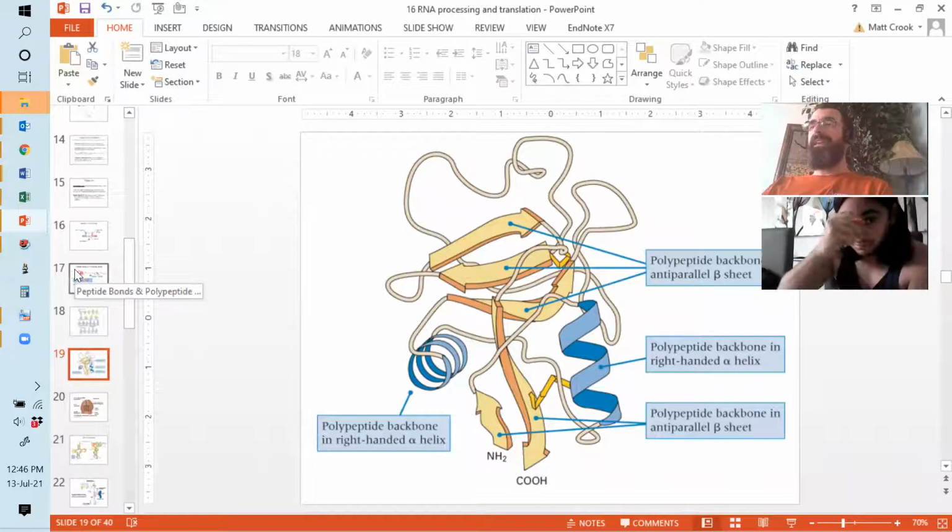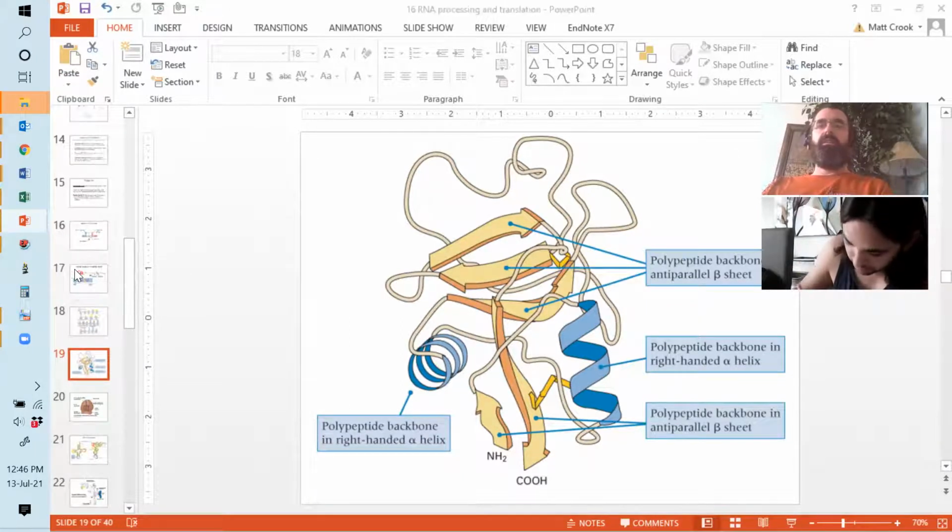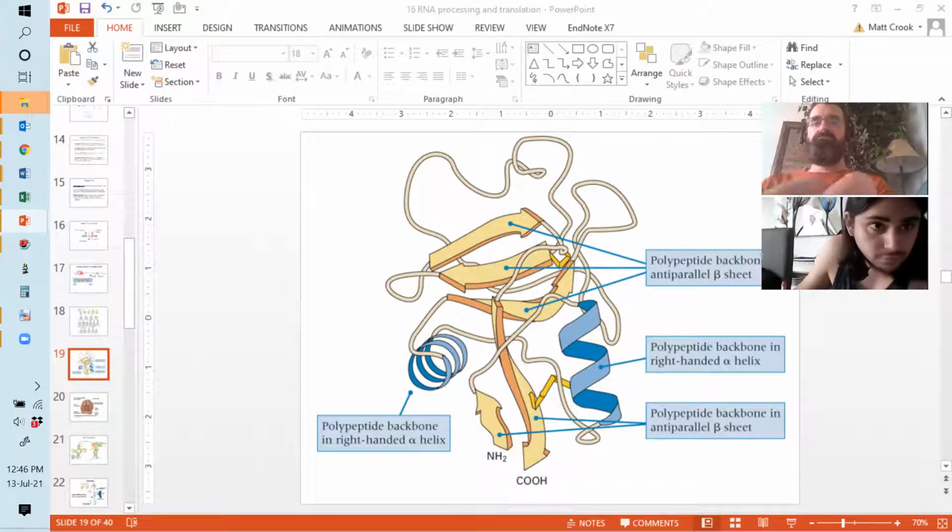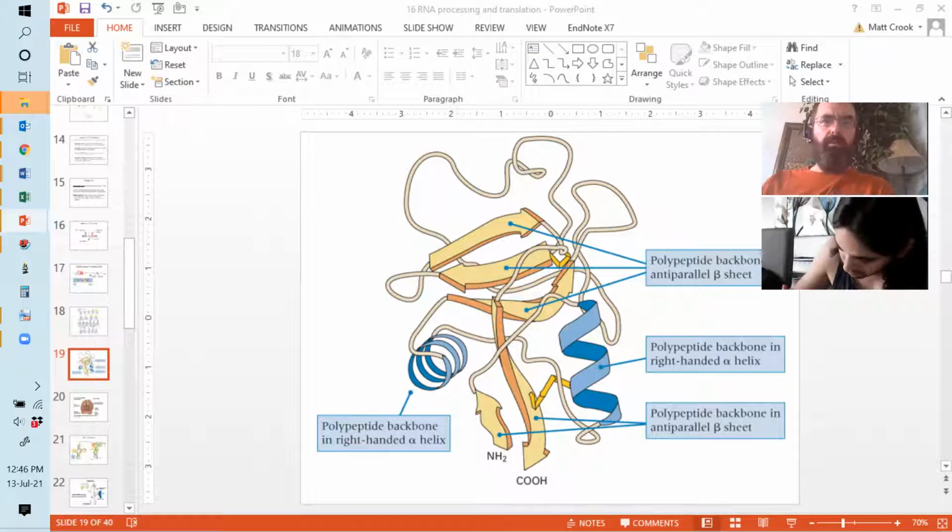Wherever you see an N and a C, that's basically a six amino acid polypeptide, beginning with methionine, ending with tryptophan. That's the terminology that we use.